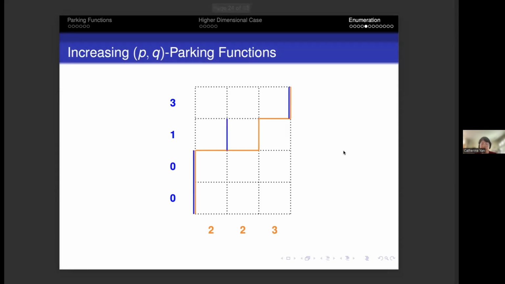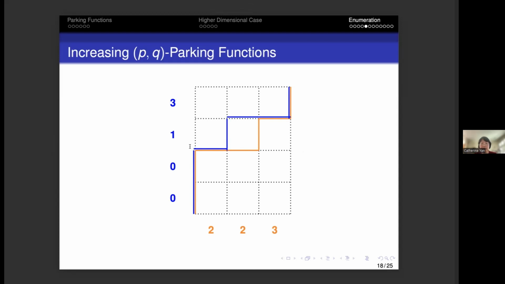I do the similar thing for the right sequence 0, 0, 3, 1. These numbers will be represented by vertical steps, which have x coordinates 0, 0, 1, 3. Then I connect them by horizontal steps to make this a lattice path.